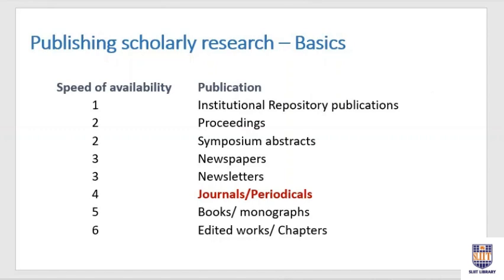When we are talking about speed, the best speed you can achieve is from your own college's institutional repository. I think every library is launching an institutional repository on its website. So publishing in the institutional repository is the speediest way of publishing your research.